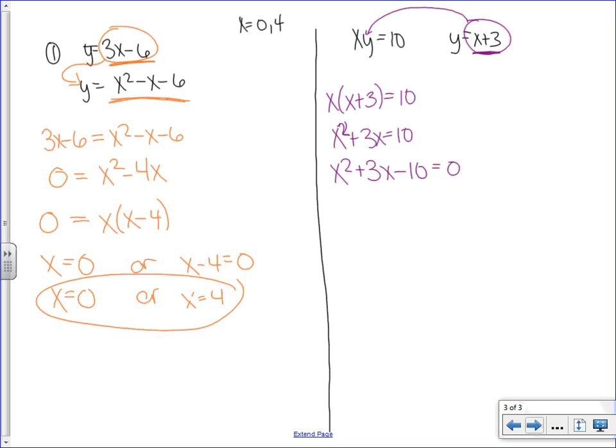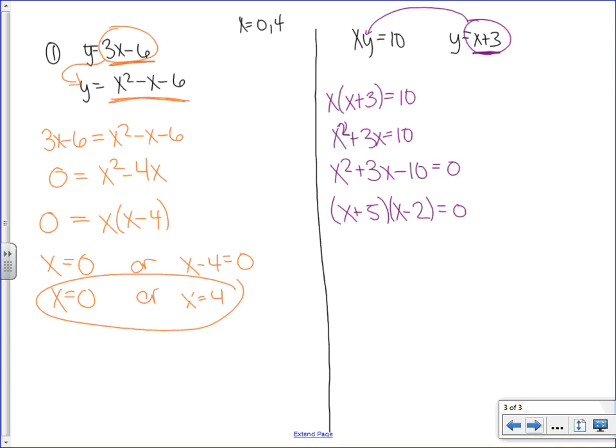I hope you guys are starting to notice a pattern: you're probably going to do some stuff that gives you a quadratic and you're going to have to factor. I told you, factoring was a really big deal. To factor this, it breaks into x plus 5 and x minus 2.